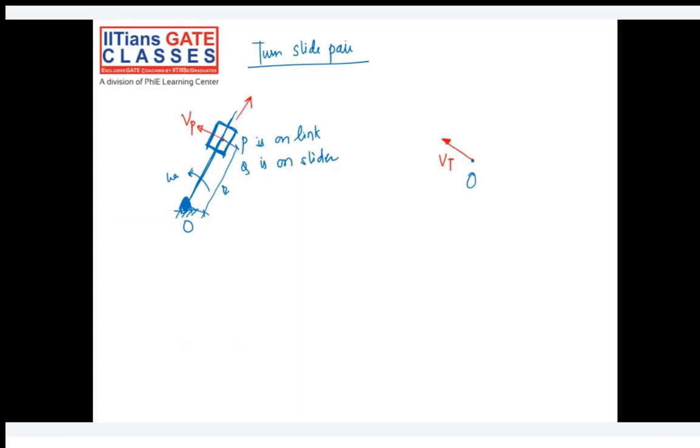Maybe it's more clear when I explain it through the single slider crank mechanism rather than this, because here it is just a single link. I think in the beginning of this chapter I explained how exactly the velocity diagram will look for a single slider crank chain.